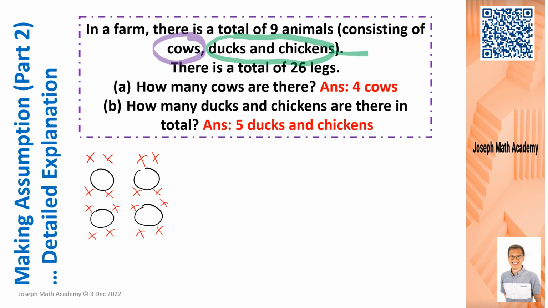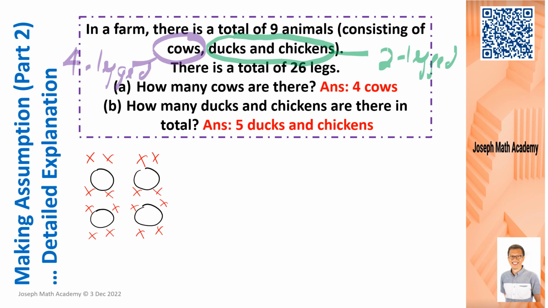These are the two-legged animals, and these are the four-legged. So it is now back to our making assumption video part 1, four-legged and two-legged. I'm going to draw similar circles to represent the chickens and the ducks.